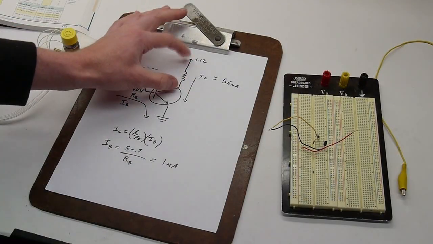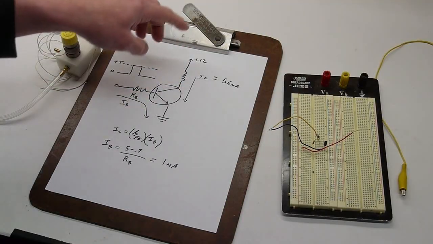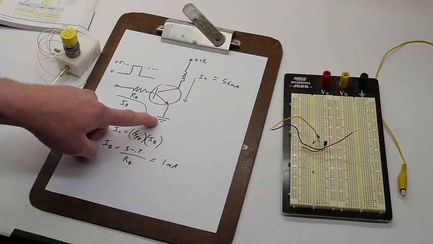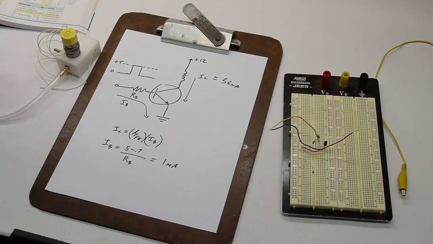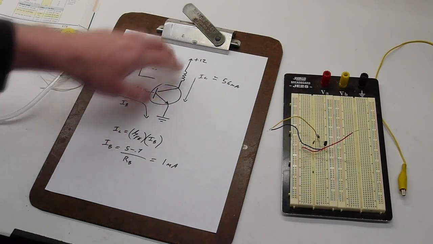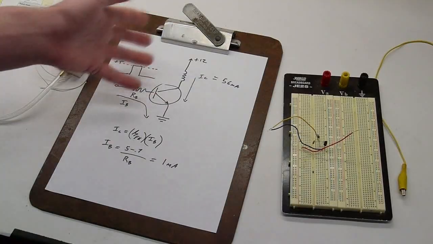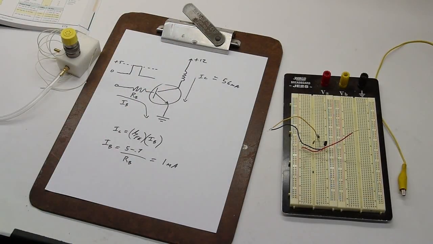If we were to short this, or if we were to connect the solenoid directly to 12 volts and ground, it's only going to flow as much current as the manufacturers rate it, 56 milliamps. So a transistor can't allow more current to flow through the device than it would normally use on its own, but it can restrict the current.